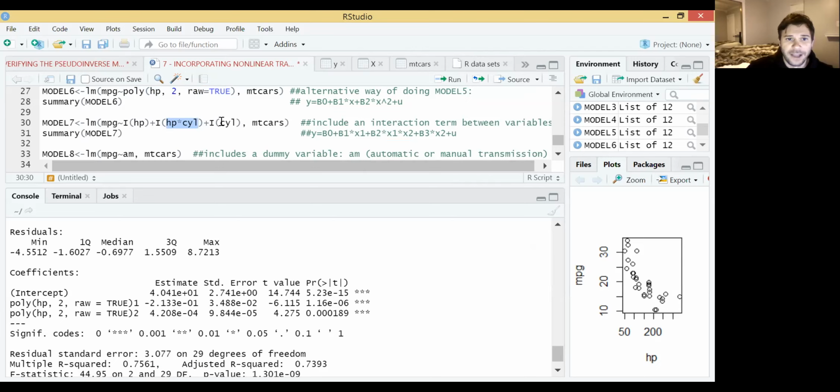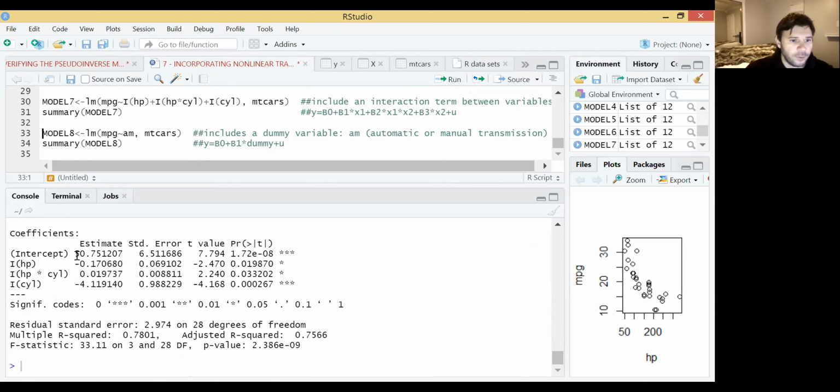And then we have beta 3 times x2, which is our cylinder variable here. So now we're looking at the interaction between multiple variables on the right-hand side. Not just horsepower, but we've incorporated the number of cylinders in the vehicle as a right-hand side regressor here. And if we go ahead and run model 7, we can take a look at the summary output.